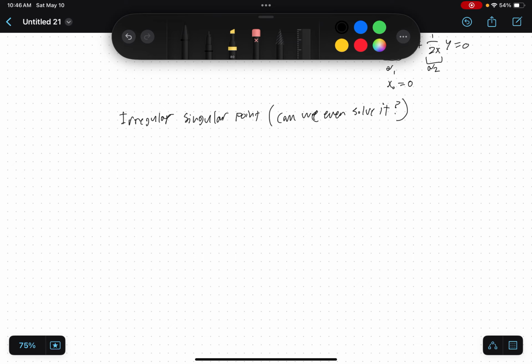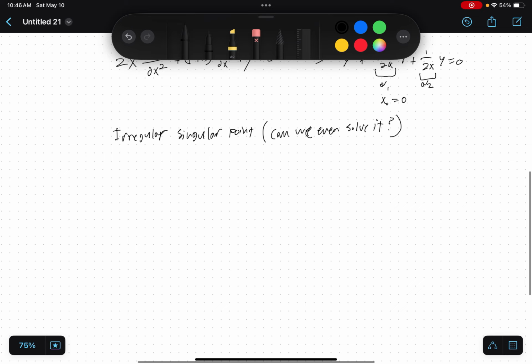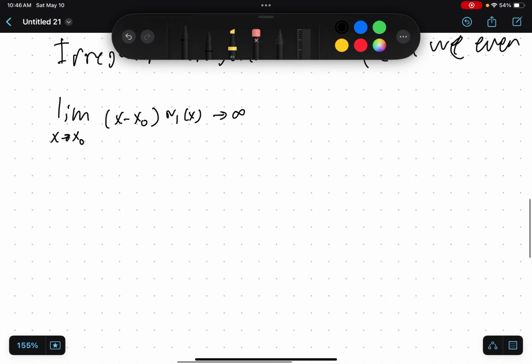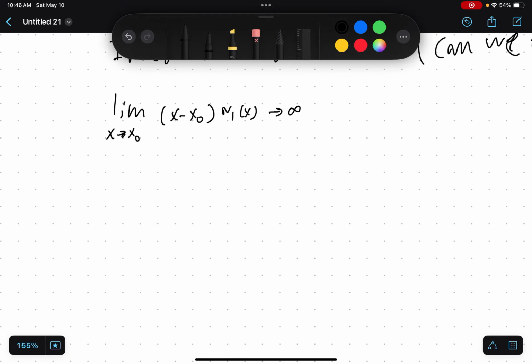So the checks for that are: if the limit, these are going to be kind of weird, but this is the process, goes to infinity or, I think it's or, it is or, goes to infinity.